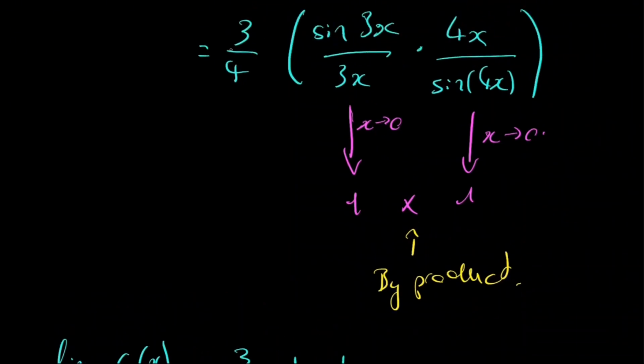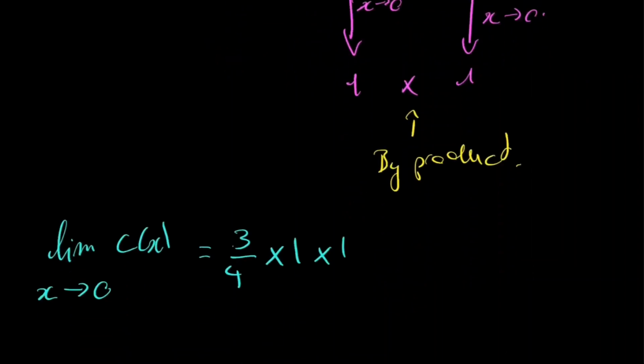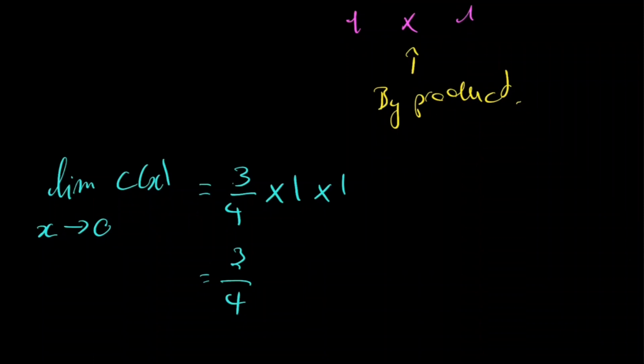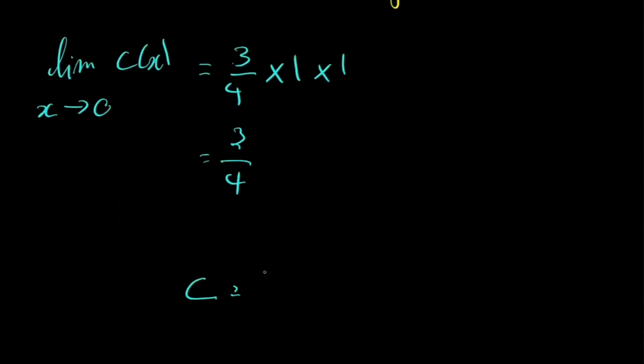So 3 over 4 times 1 is equal to 3 over 4. We've got our C is equal to 3 over 4.